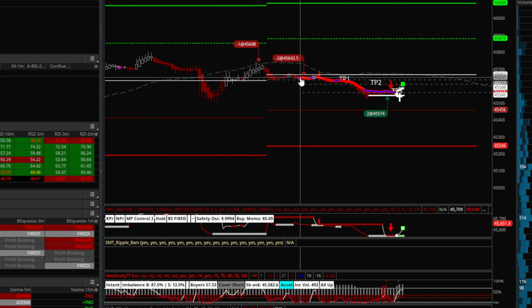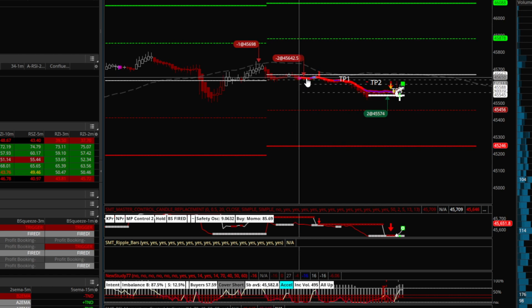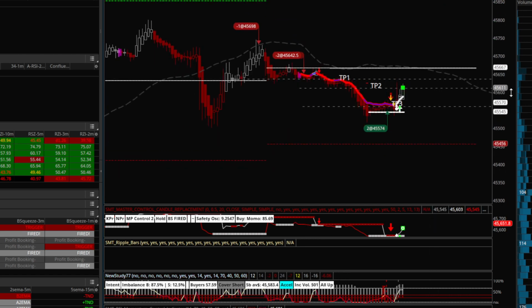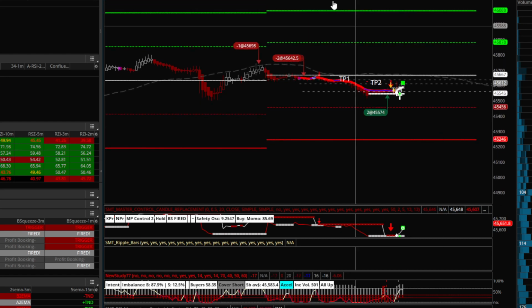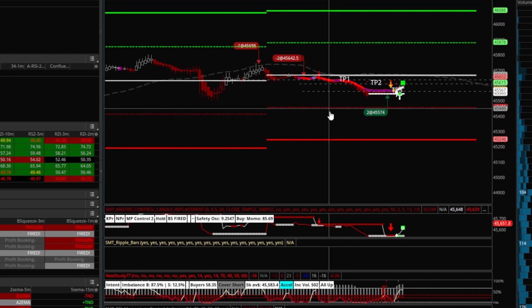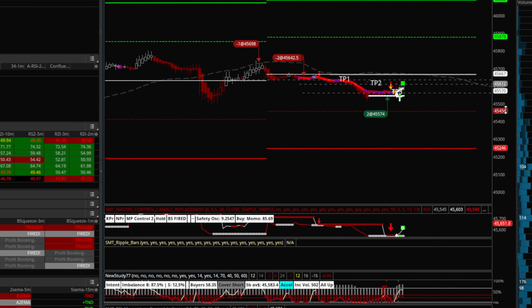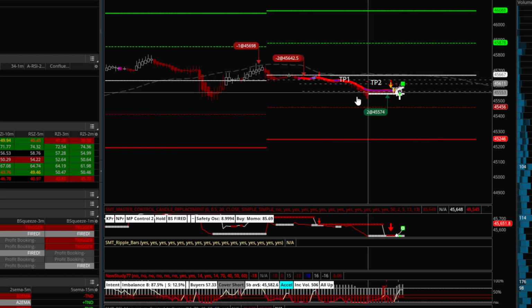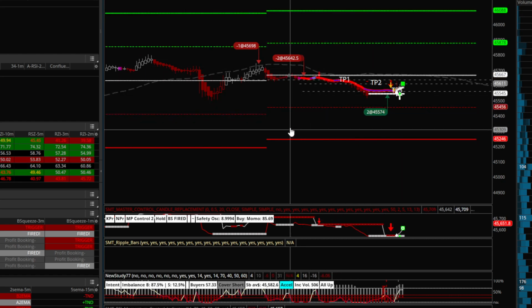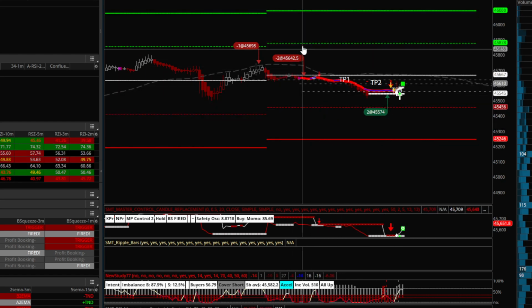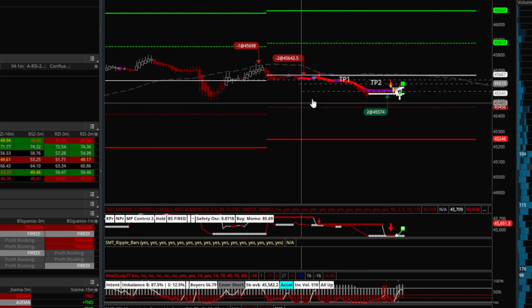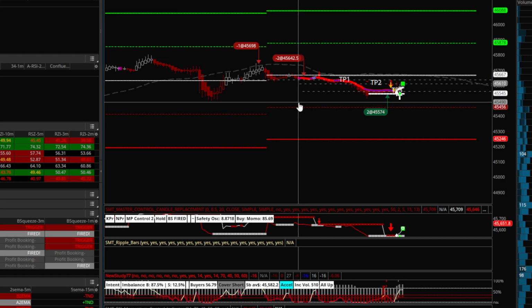Once we started pushing down, I added on the other two contracts. At that time, these green levels and red levels were right here. Remember, this thing is expansive. Depending on the volatility and the movement of price, it's going to expand and contract.